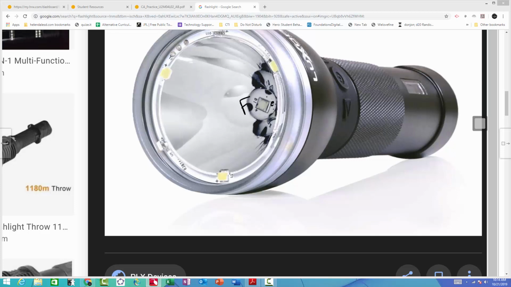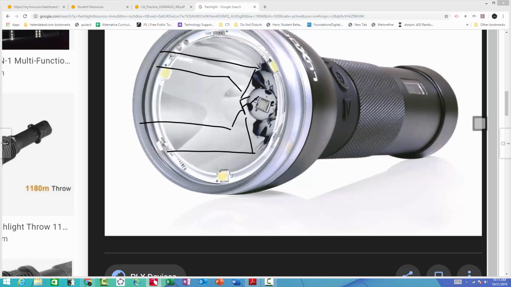A light bulb just shines outward, it's not directed at all. But because this is a parabola, the flashlight shines the light outward in all these directions, and it hits the shiny part of the parabola, and that directs it straight out of the flashlight. That's what makes it direct the light exactly where you want it to go. They've designed it using the focus of a parabola, and put a parabola around it. Math in real life, this is where it comes in.